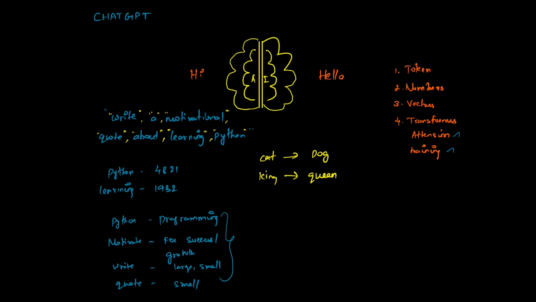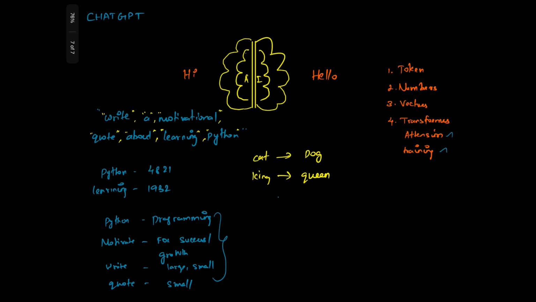So let's say we have words like fun, useful, and easy. For example, I'm saying only three, but it can have plenty of words.